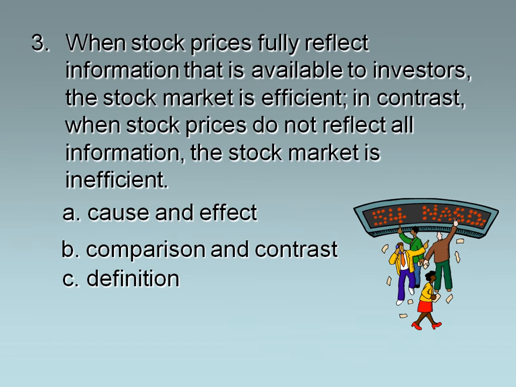Read the last sentence, sentence 3. Which primary thought pattern is suggested by this sentence? Click to see the correct answer. The correct answer is choice B, comparison and contrast.